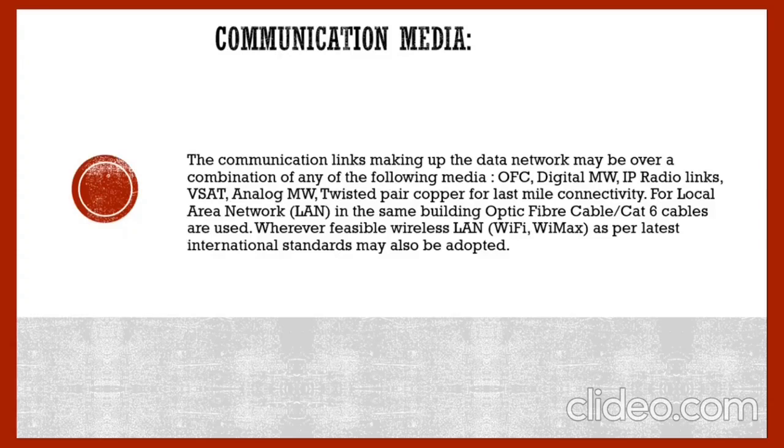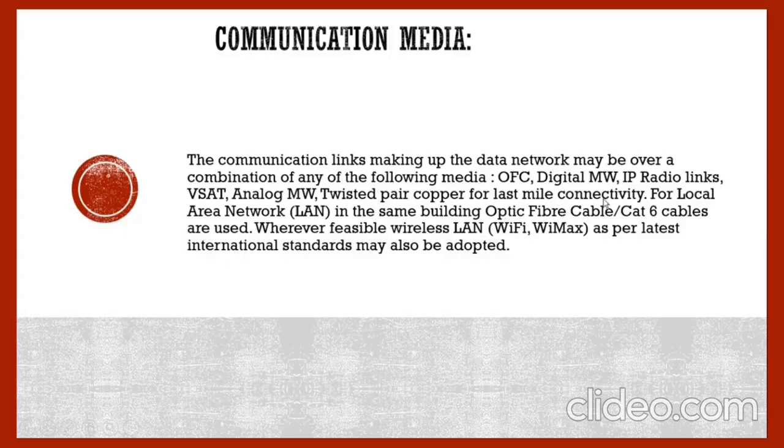They are also using analog MW, and twisted pair copper for last mile connectivity, and for the local area network in the same building, optical fiber cable and Cat6 cable are used for communication as well, whereas where feasible, wireless LAN, Wi-Max, as per the latest international standards, may also be adopted.